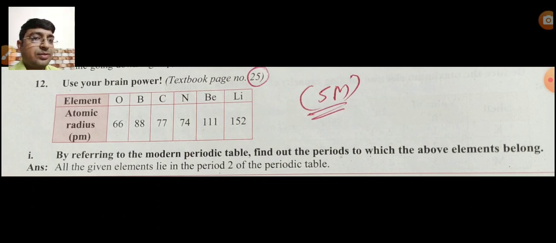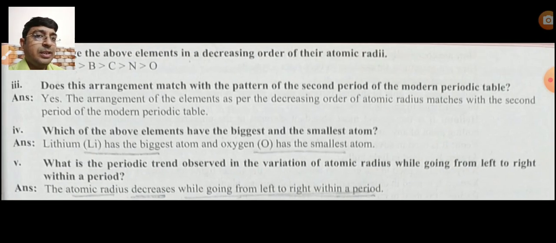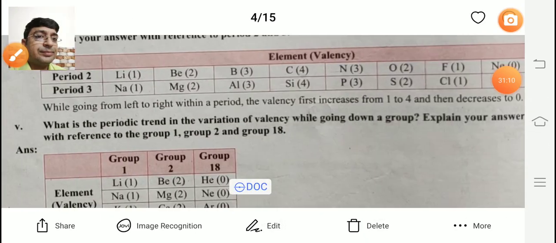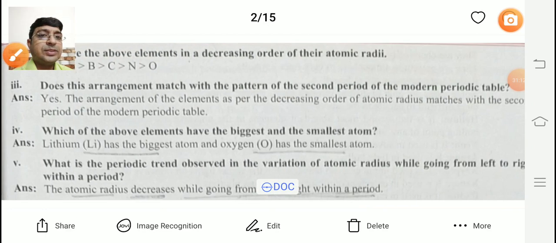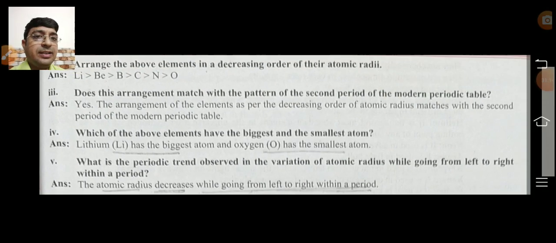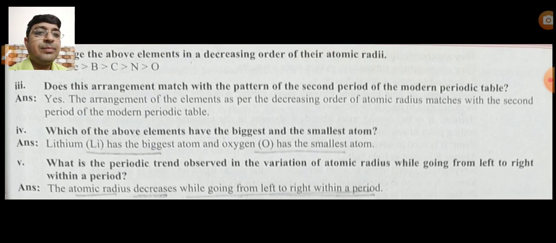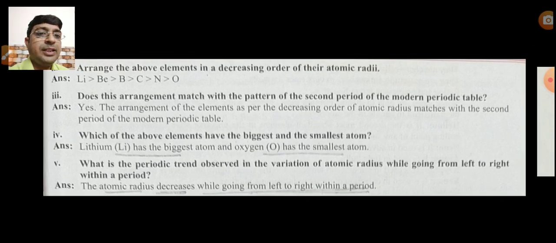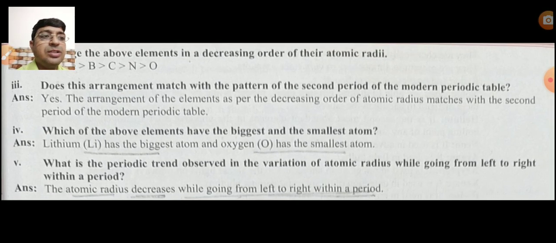So the answer of the first question: all the given elements lie in period 2 of the periodic table, and remaining answers are given here. Second, the order is given. In decreasing order, that we already learned, that is lithium, then beryllium, boron, carbon, nitrogen and oxygen.